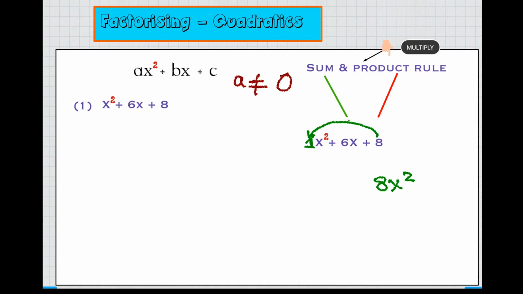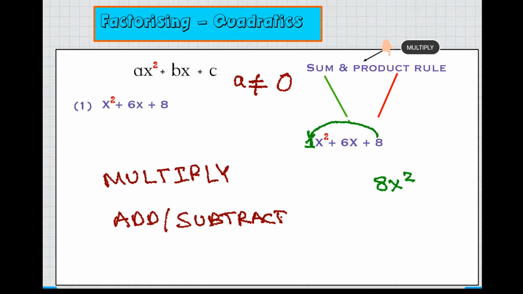Now, the same thing which I told you before: we need to find two numbers which when we times them should give us 8x squared, but when we add or subtract them should give us this middle 6x. In this example we see we have 4x and 2x are the two numbers.